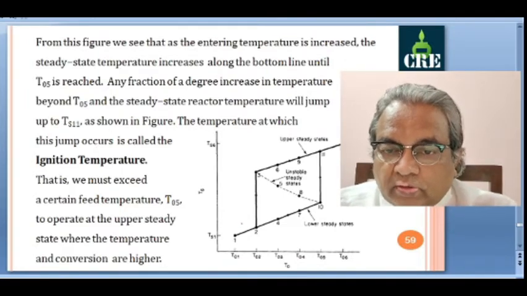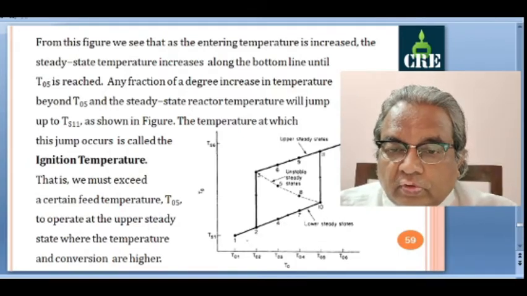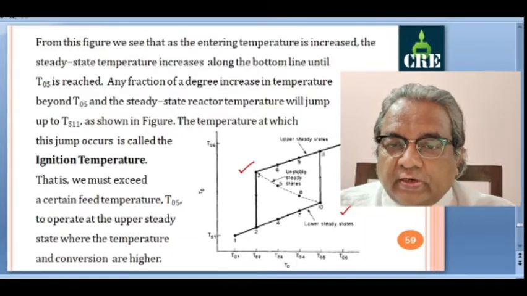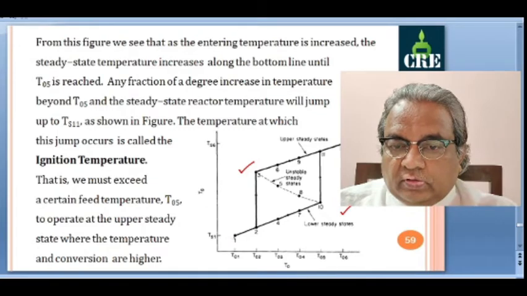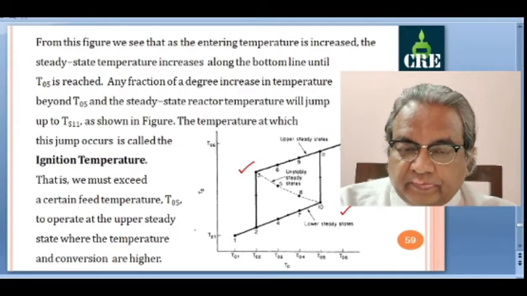T0, 1, 2, 3, 4, 5. So you have 2 ranges. One is upper range and one is lower range. So these are lower steady states and these are upper steady states. First, with respect to T01, you have 1 point.